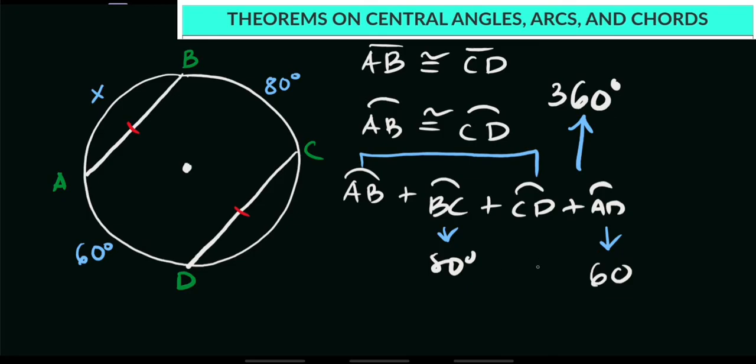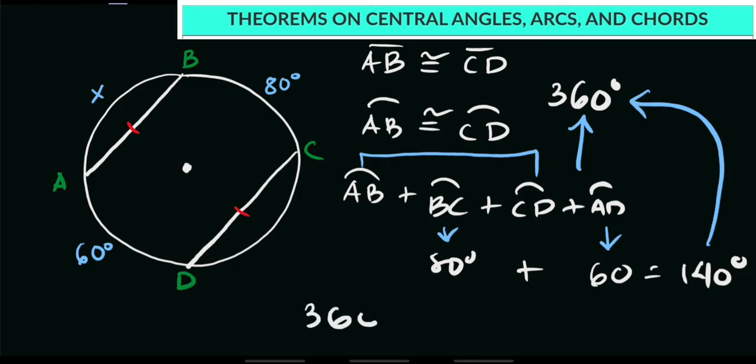So 80 plus 60 is 140 degrees. Let's subtract this 140 from the entire measurement of the circle, 360. That is 360 minus 140, which equals 220 degrees.